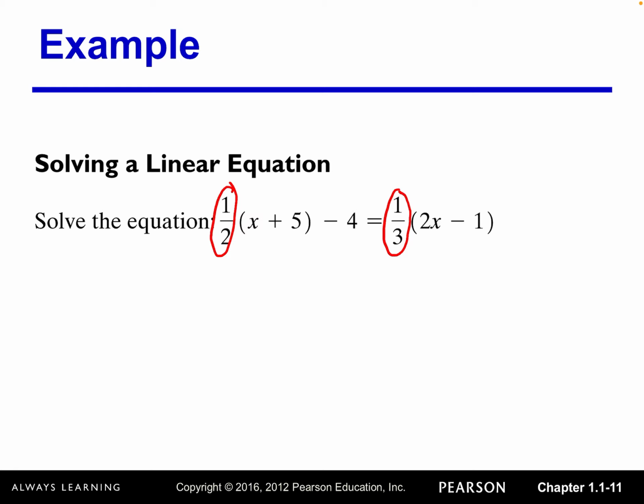If we multiply both sides of an equation by the same non-zero number, then the equation stays equivalent, it doesn't change anything, but we can get rid of both denominators 2 and 3 by multiplying by the least common denominator, right? So for 2 and 3, what is the least common denominator? It's 6, because 2 and 3 are both prime numbers. There aren't any other factors.